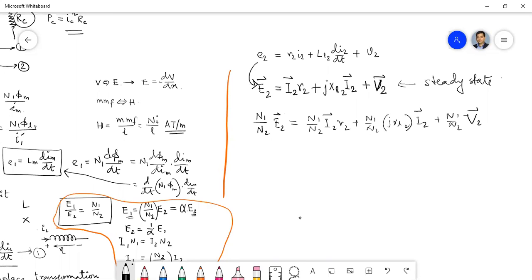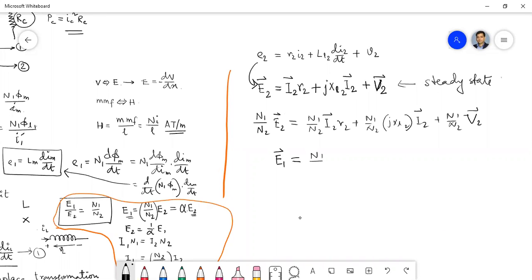Can anybody tell me what will be the left hand side? E1. So it becomes E1.